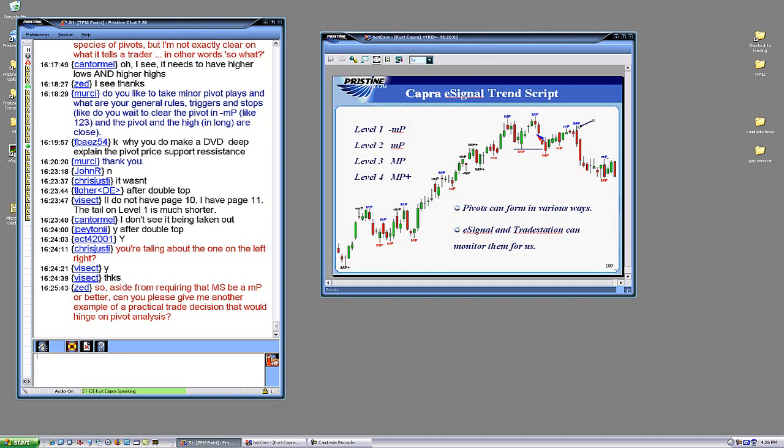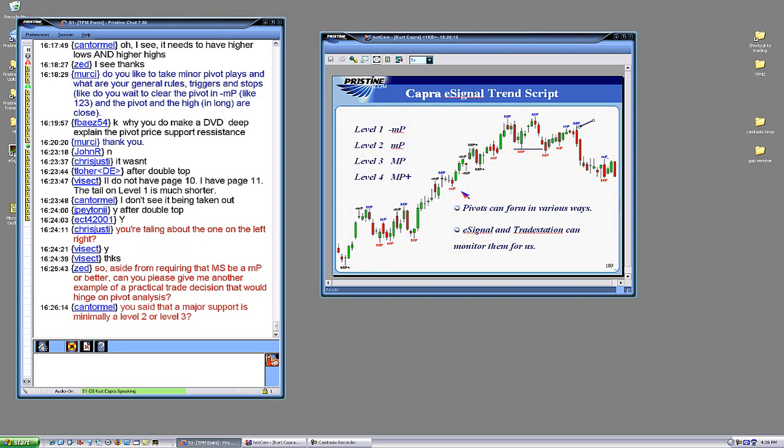Well, every trade decision hinges on pivot analysis. As long as we're in an uptrend, we know to be buying pullbacks to support or breakouts. Pivot analysis is really what trend analysis is based on. And we have to understand pivots to understand when the break of major support or major resistance takes place.